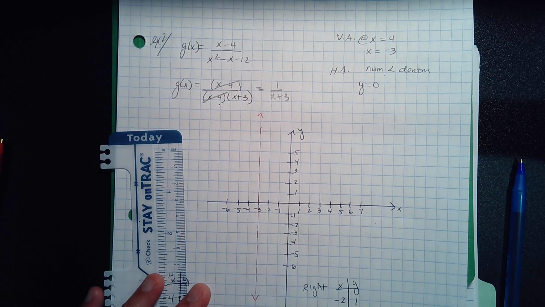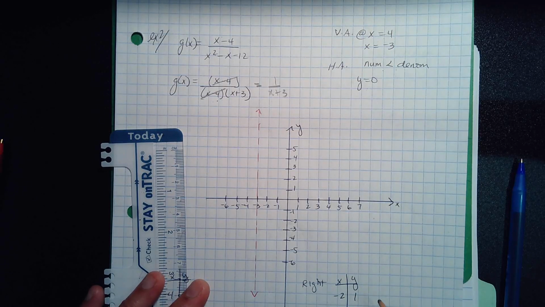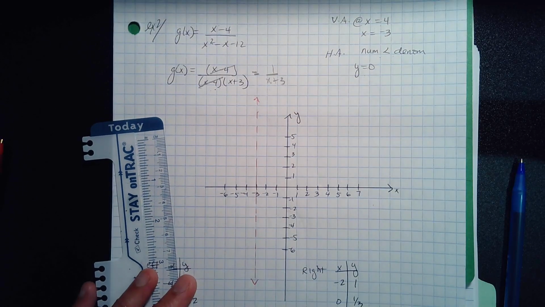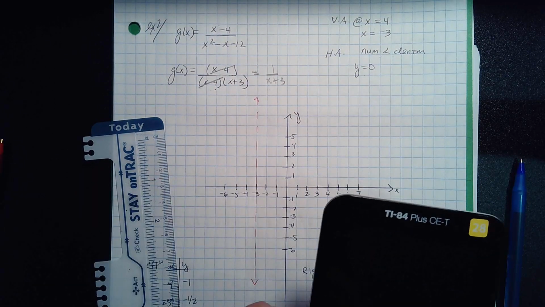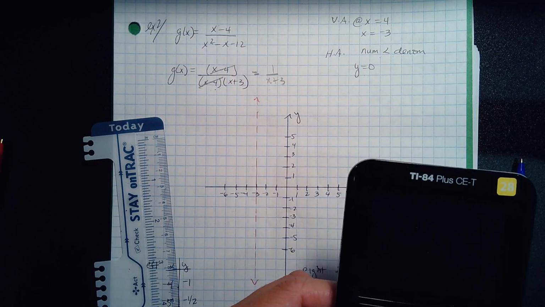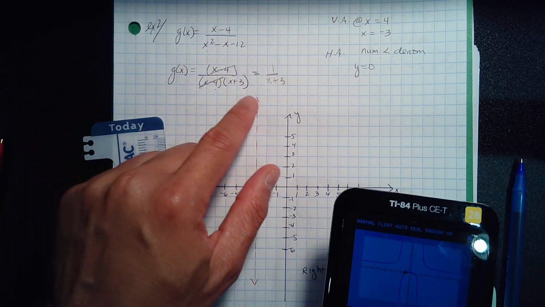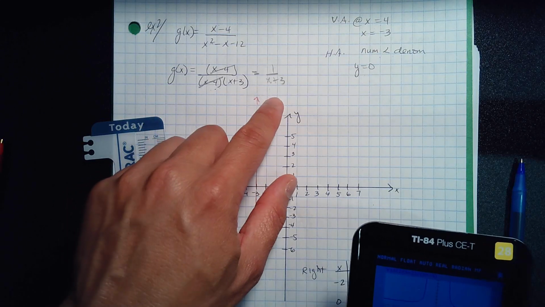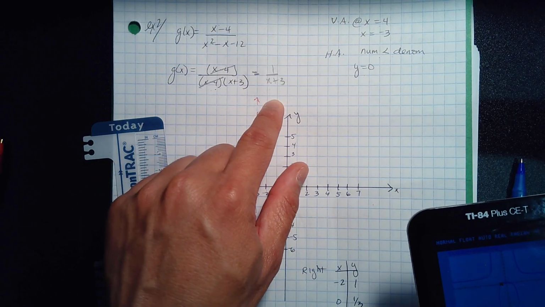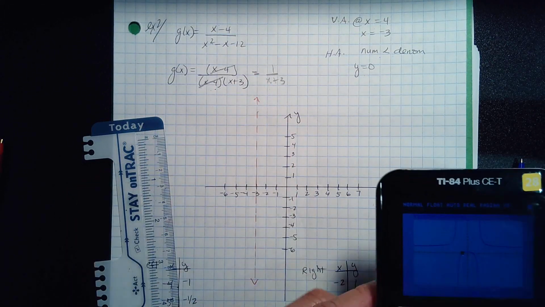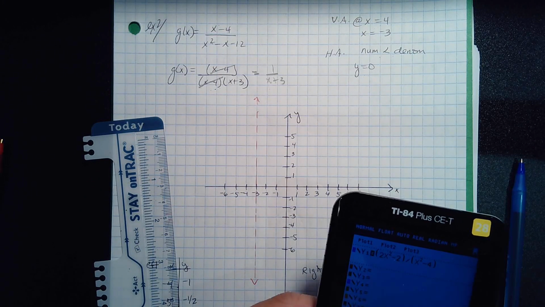We have a right and a left. So let's just do the right side. Again, you can put this function in. I would put the original function in, not the simplified, because if you didn't factor and reduce this correctly, then you're going to get the wrong results.